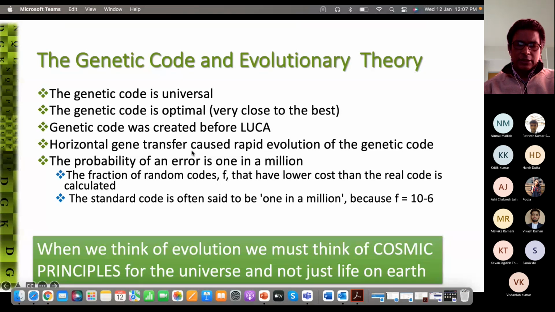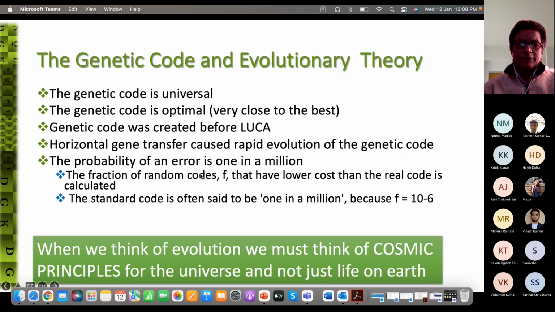So that question is partly answered by research, and there's continuing research in this. And we talked about a few things in the previous lecture, where we discussed, for example, that the coding can have an error when you translate from a genetic code to a protein, or when the gene itself is being replicated. The frequency at which that error occurs is 1 in a million, and so it's called a 1 in a million code, the standard code.